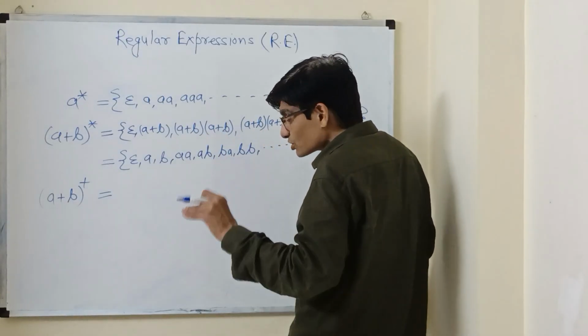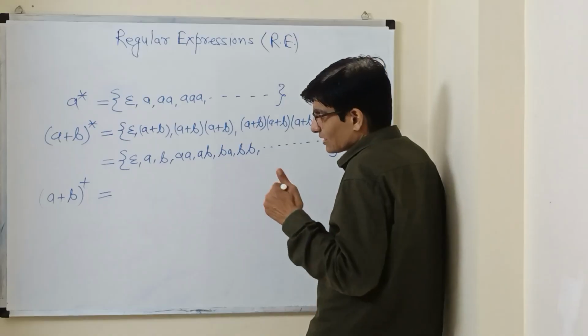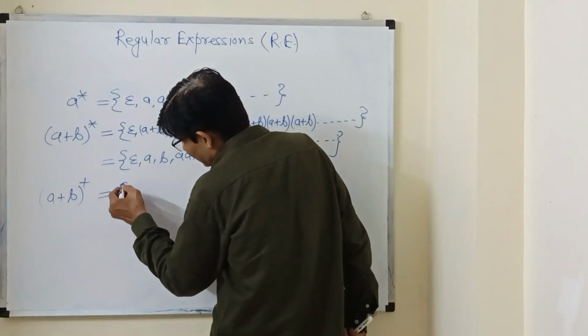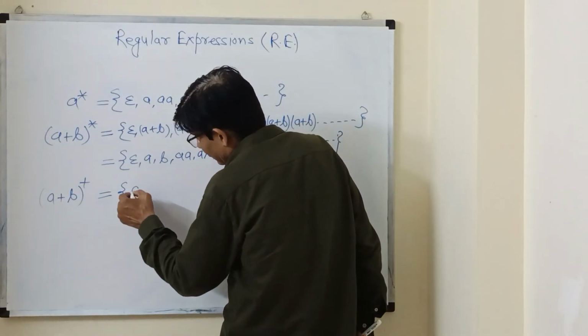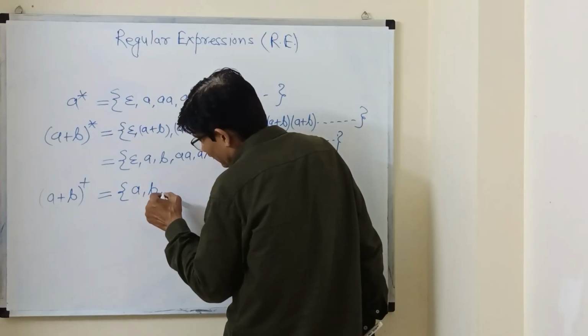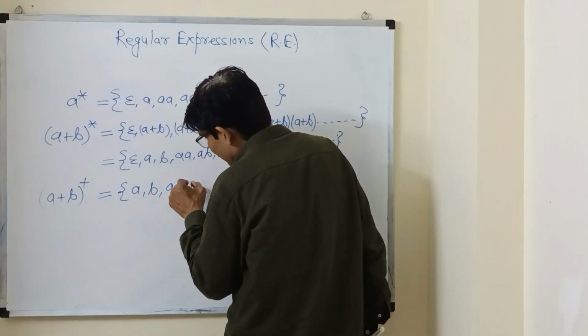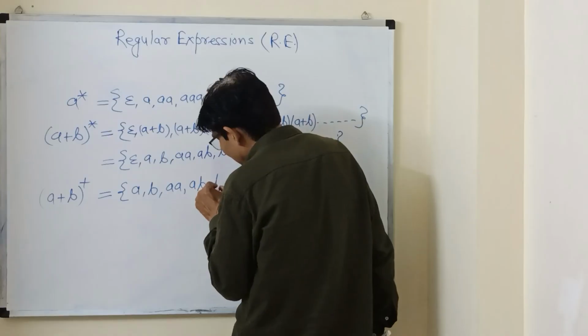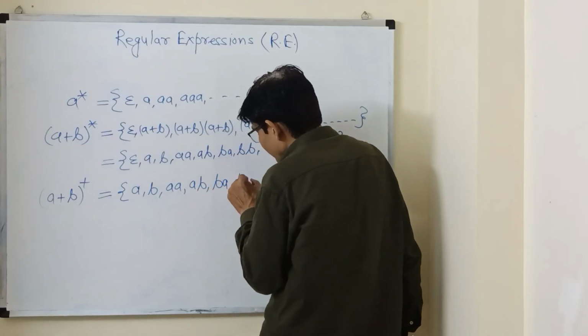excluding epsilon. So this set would be like A, comma, B, comma, AA, comma, AB, comma, BA, comma, BB.